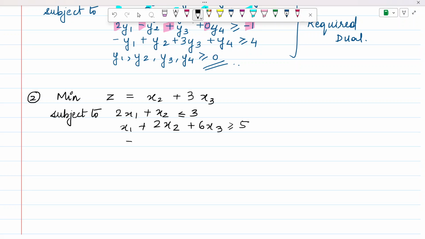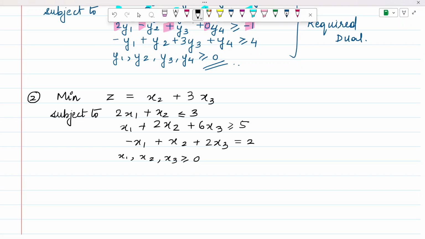And lastly, negative x1 plus x2 plus 2x3 is equal to 2. And we have the given condition again, x1, x2, x3, all three greater than or equal to 0.